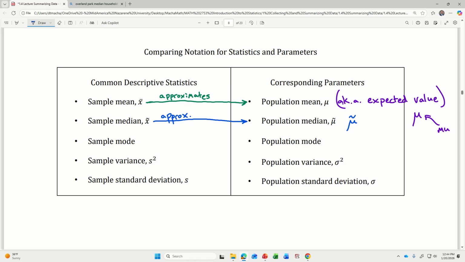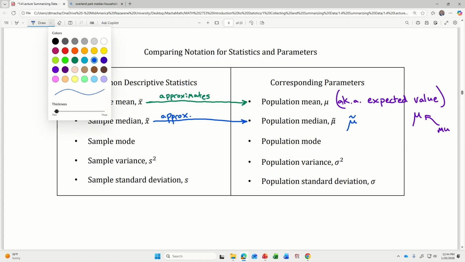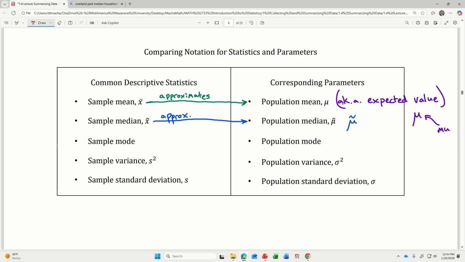I would have expected a Greek letter here, or some kind of way to denote the sample mode and population mode, but they don't exist. I don't know why there's no notation. But again, the sample mode would be a way to approximate what the population mode might be.